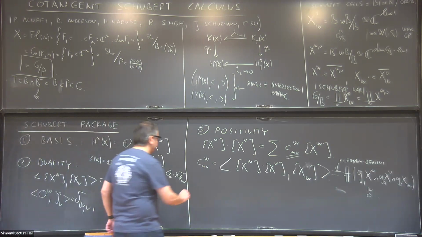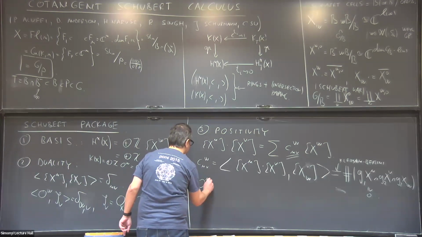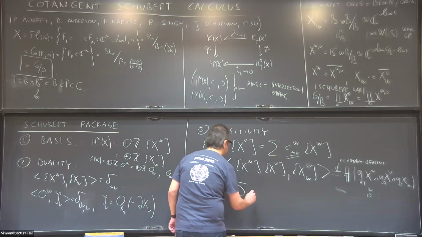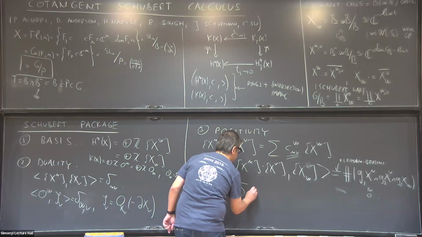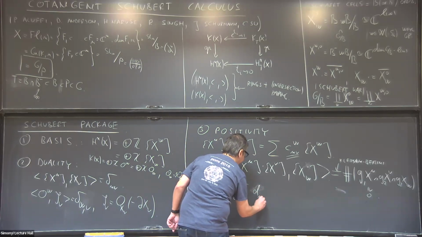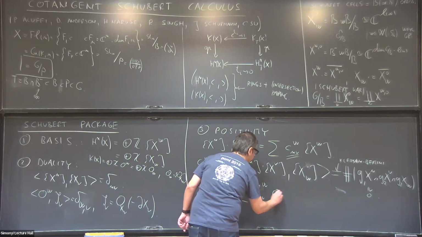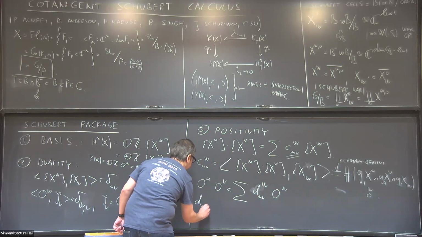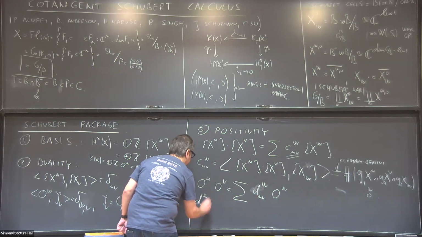And then in K-theory, if you multiply two such things together, you will get a different type of coefficients. Let's call them d_{uv}^w. What would these coefficients be?